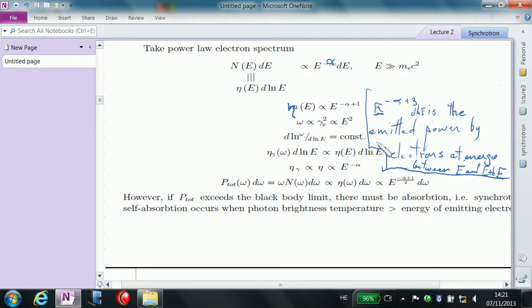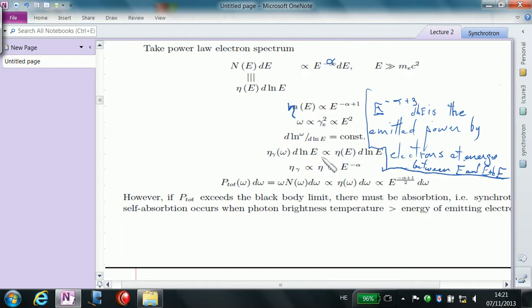But we want to describe the amount of power emitted per unit frequency interval, and the frequency is proportional to the energy squared. So d log omega over d log E is constant. Okay. And that's why I use logs, because the logarithm is just linear.